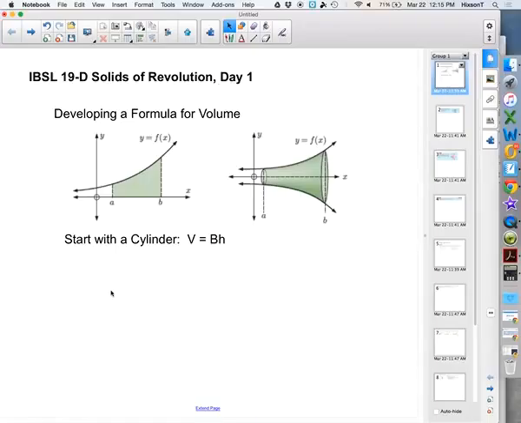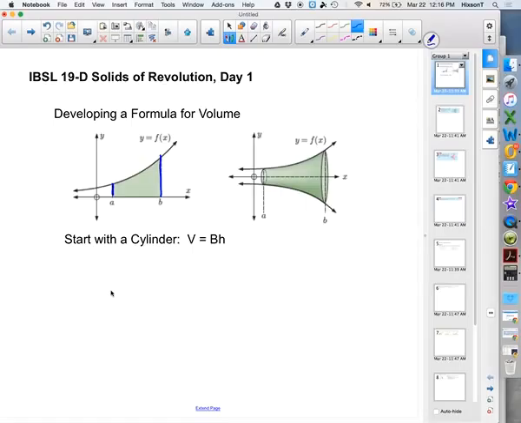So, first of all, what is a solid of revolution? It's a solid that's formed by taking a piece of a function like this. We have this function f of x here, and we're going to take a piece of it from a to b. You know that the area under the curve is given by the integral.